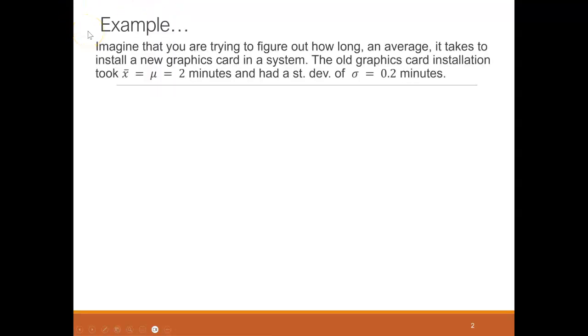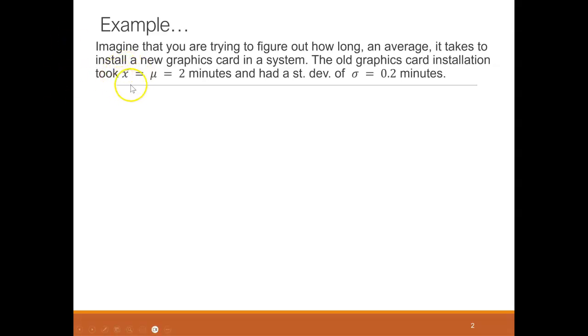We're going to just dive in with an example. Suppose you're trying to figure out how long on average it takes to install a new graphics card in a computer. The old card installation took, on average, 2 minutes.